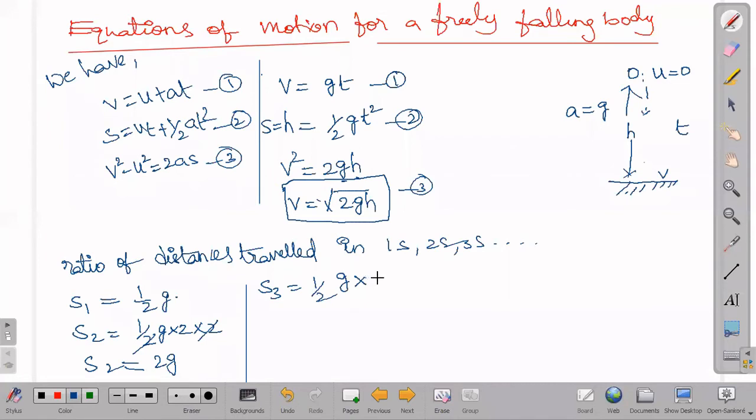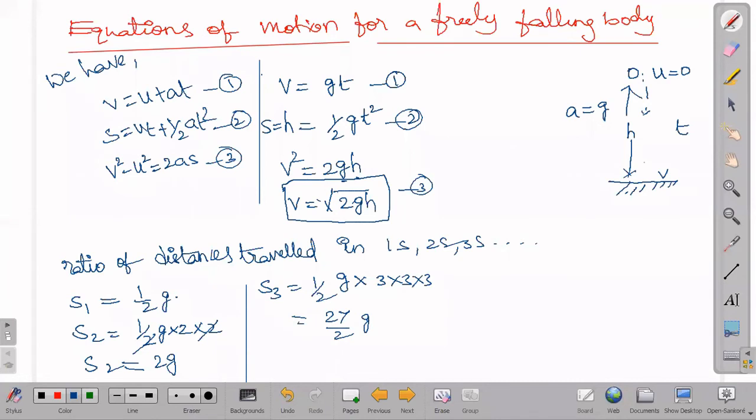So 3 seconds means 3 into 3 into 3. Anyhow this cannot be cancelled with 2. 3 3s are 9, 9 3s are 27. So 27 by 2 into g we got.